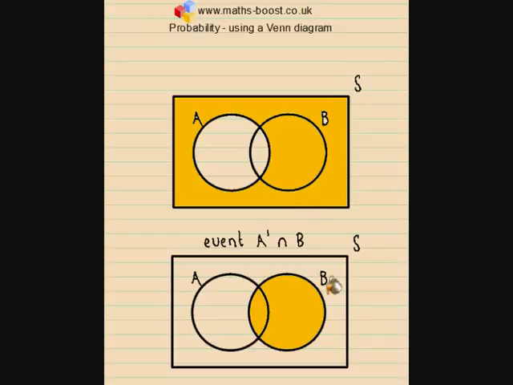And by comparing the two, we can see where the overlap occurs. It's just this here. So just that space there. That is not A intersecting with B.